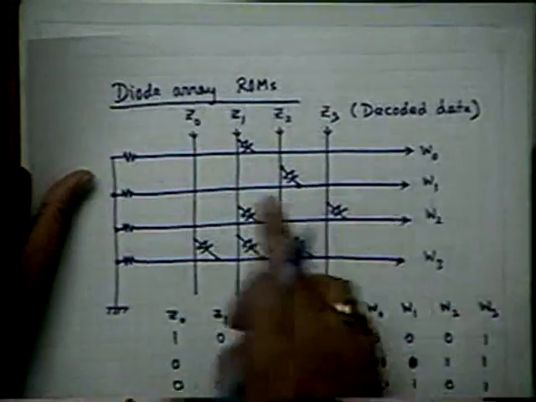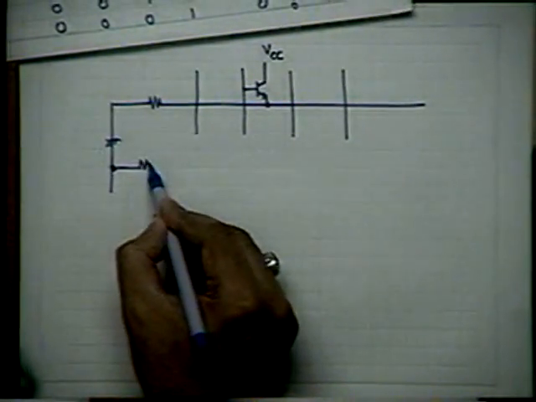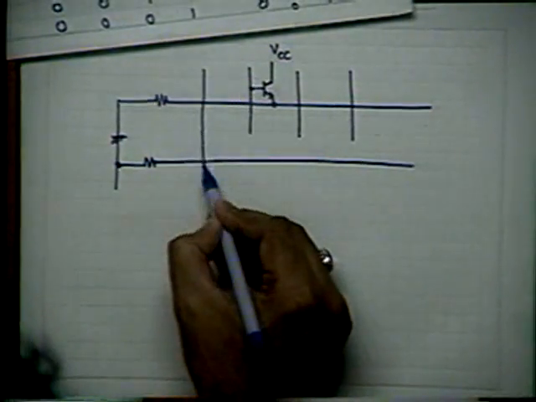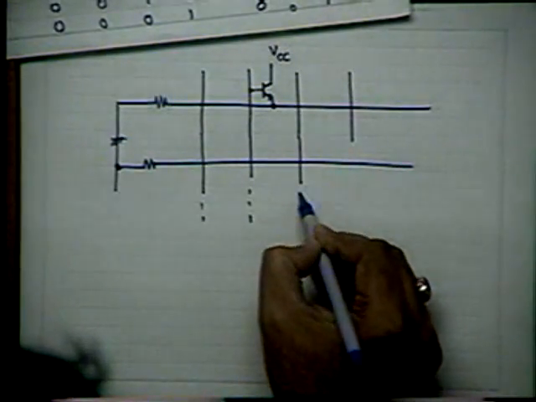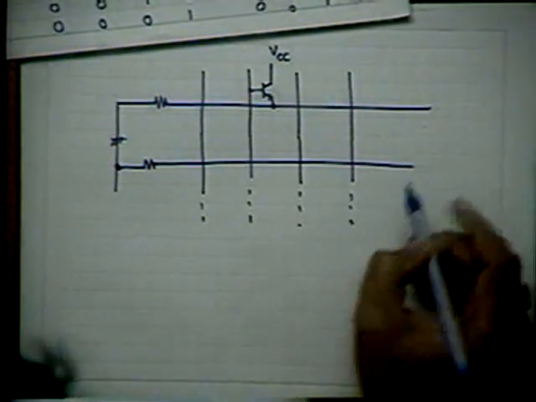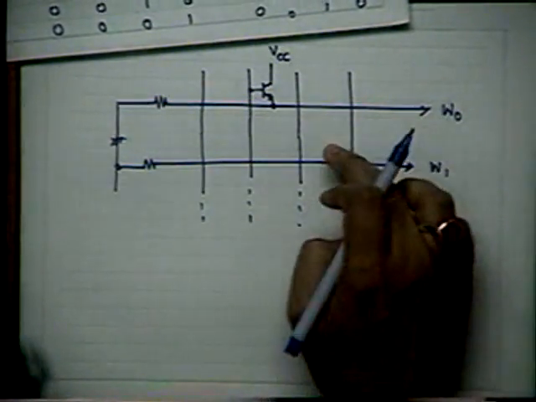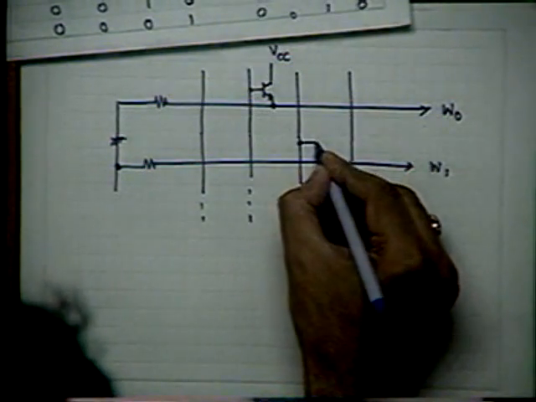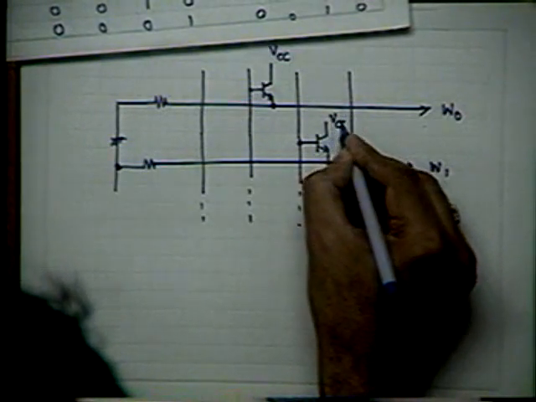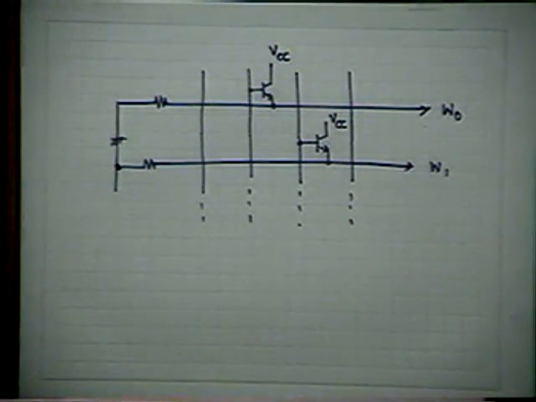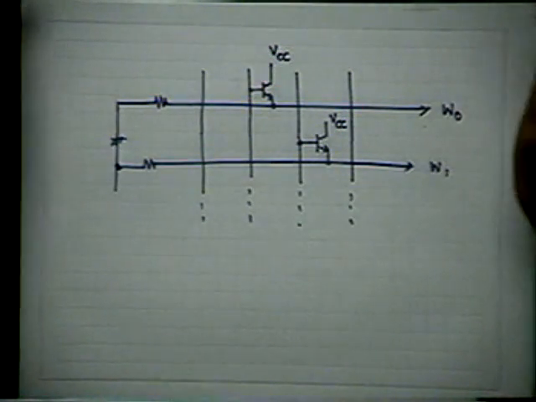You just see what I have done. Similarly, maybe I can show the second point also. I needed a transistor here. This was a bipolar transistor version of ROM.